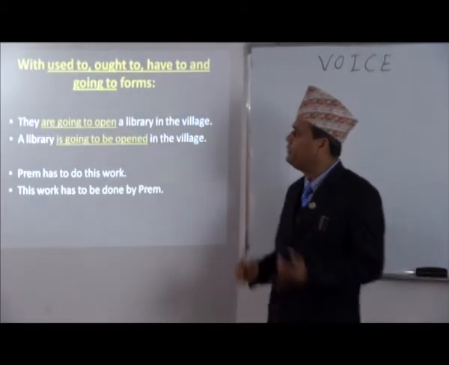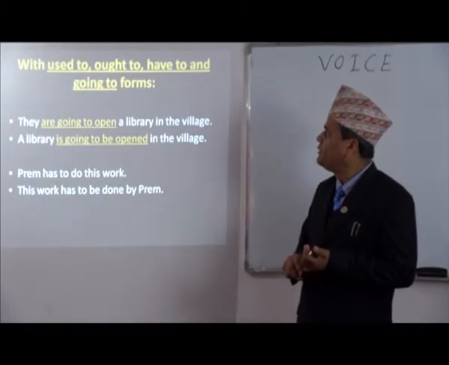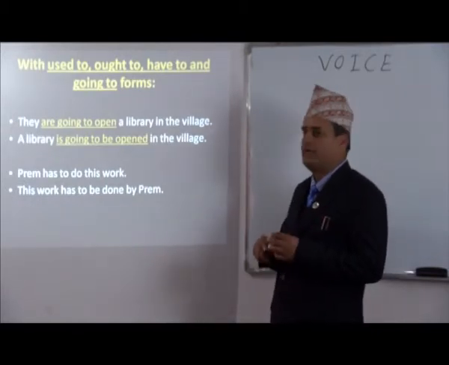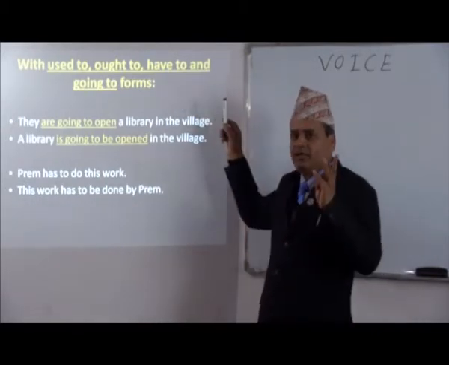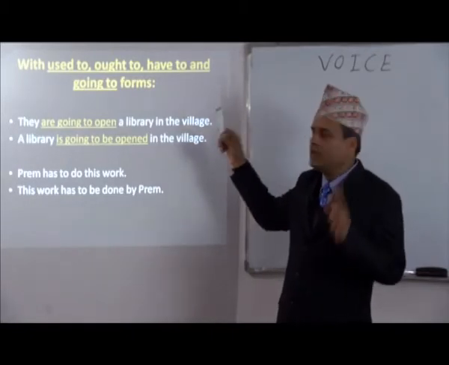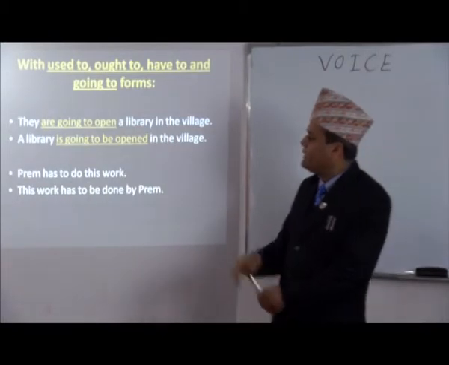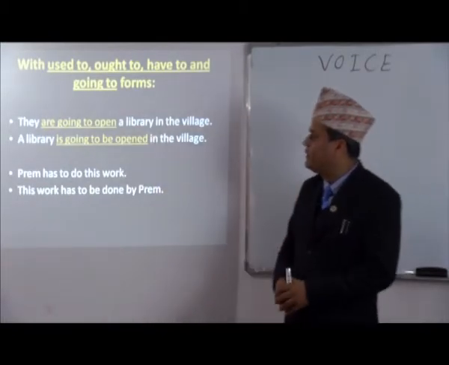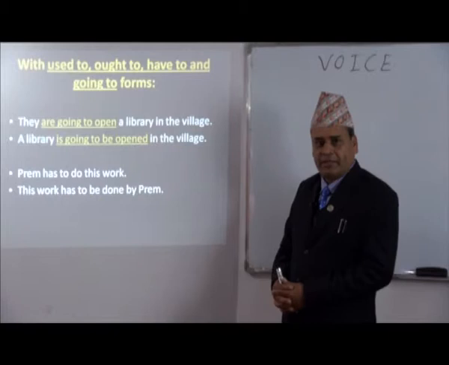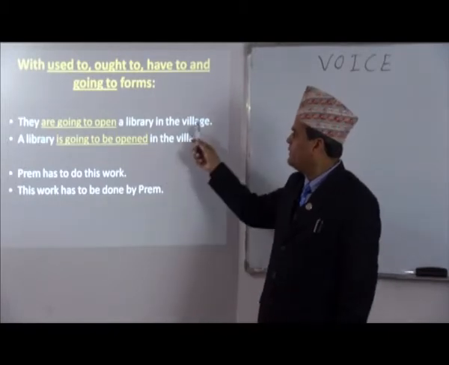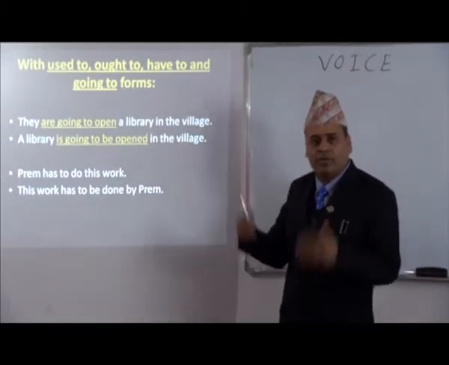Okay, now let's look at the next example. Here, used to, ought to, have to, and going to. Here have to represents has to and had to as well. So, let's have a look at the example. In the example, we can see the sentence, they are going to open a library in the village. Here, the library obviously goes to the beginning of the sentence.